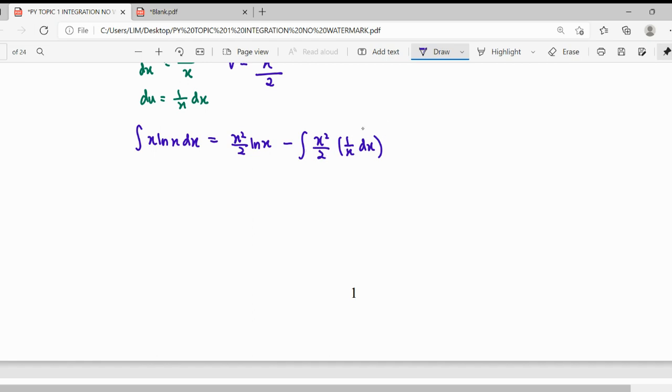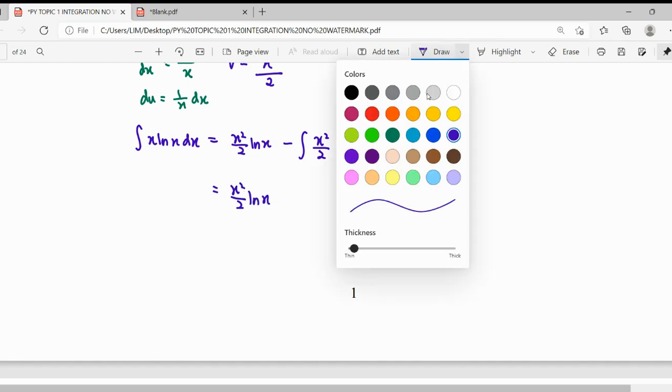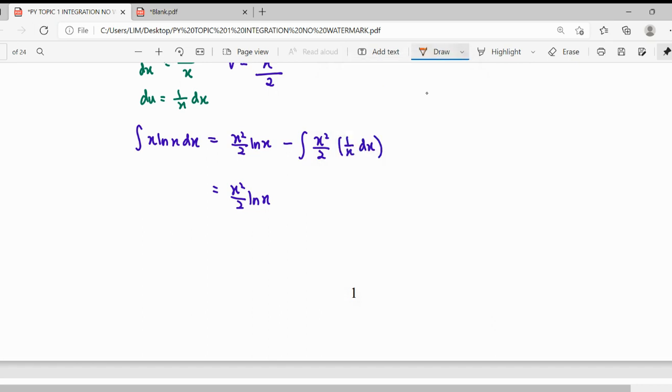When we want to integrate, we are going to simplify our integration. You notice that our x and x squared can be simplified. Here 1 over 2 can be factorized. The coefficient can be factorized outside.